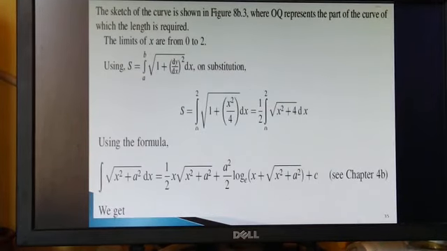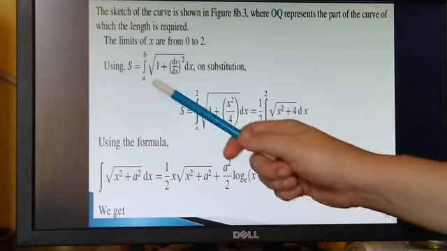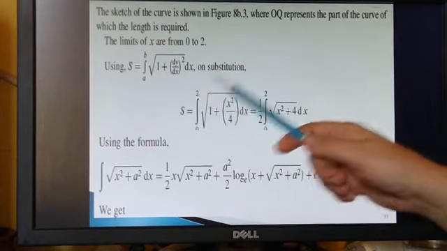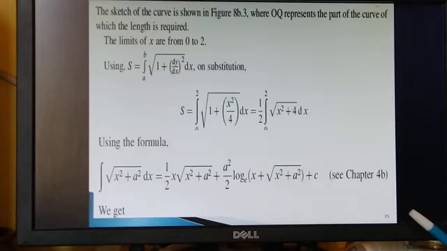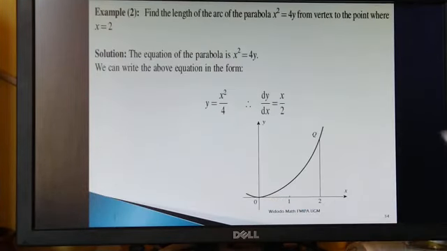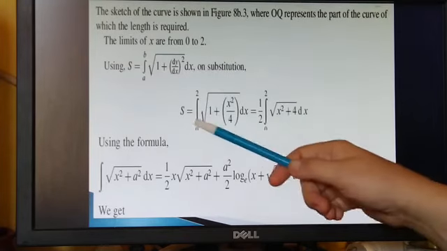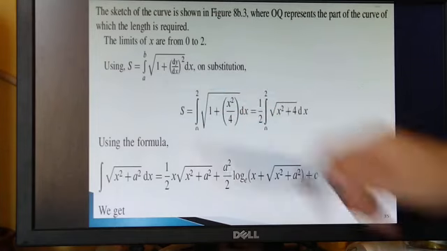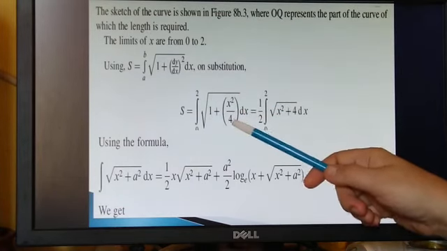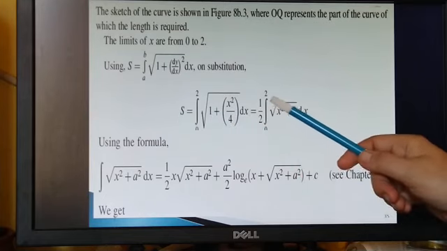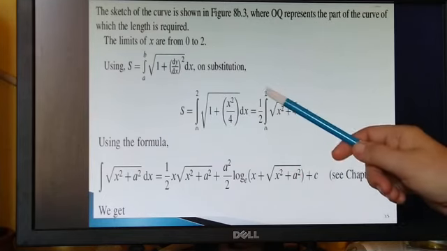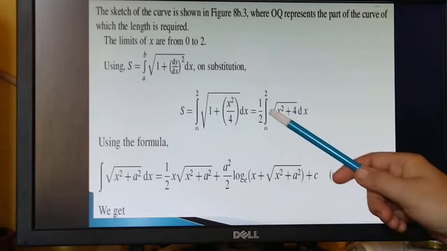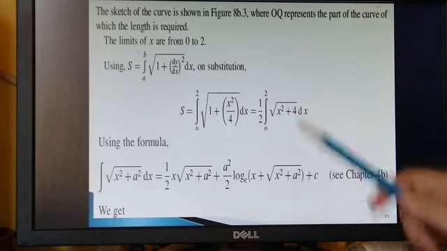And then we use this formula, that s is equal to the integral from 0 until 2 of the square root of 1 plus (dy/dx)². dy/dx is equal to x divided by 2. So altogether we have 1 over 2 times the integral from 0 until 2 of the square root of x² plus 4 dx.